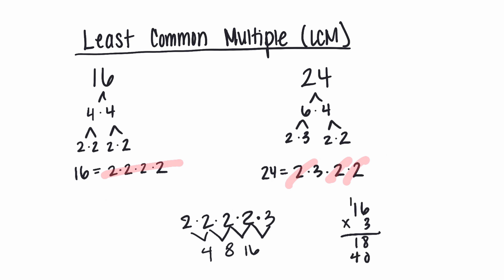I use partial products, but let me just do it the normal way. Okay, 6 times 3 is 18, carry 1. 3 times 1 is 3, plus 1 is 4. So then we have 48. So our least common multiple between these numbers is 48.